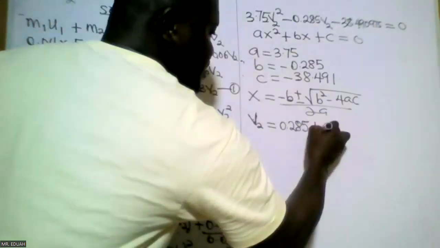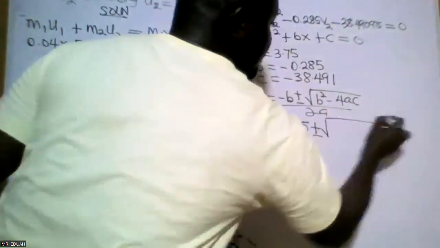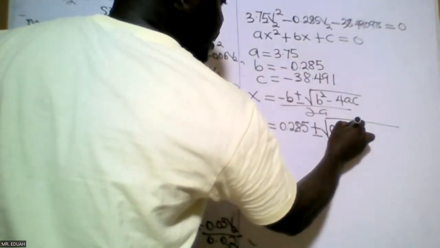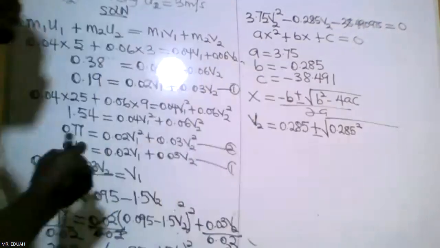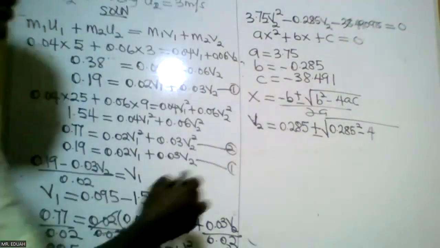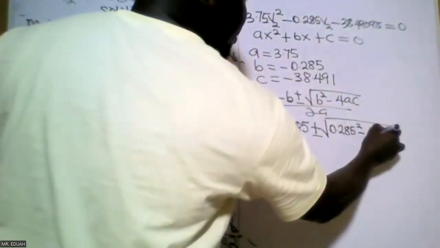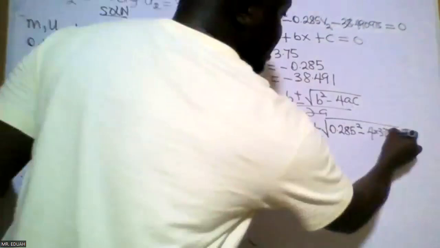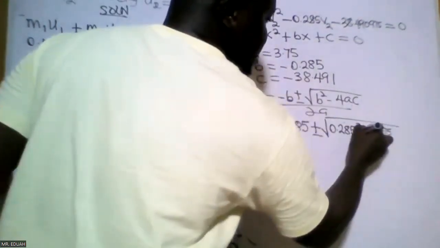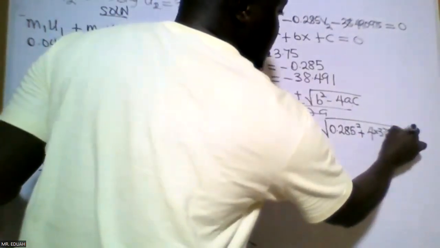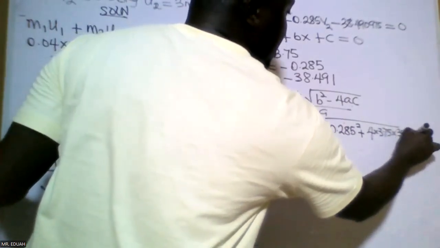Plus or minus the square root of b squared. So when you square a negative, it's positive. So just 0.285 squared minus 4 times A, where A is 3.75, times C. C is negative, so negative, negative, so plus 38.491.